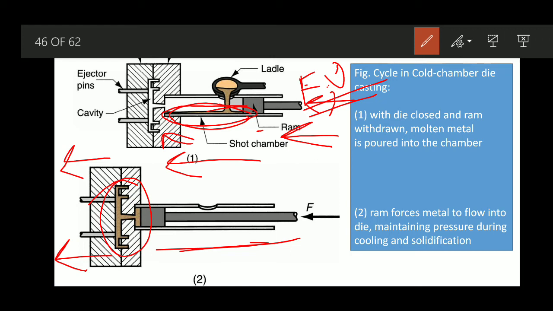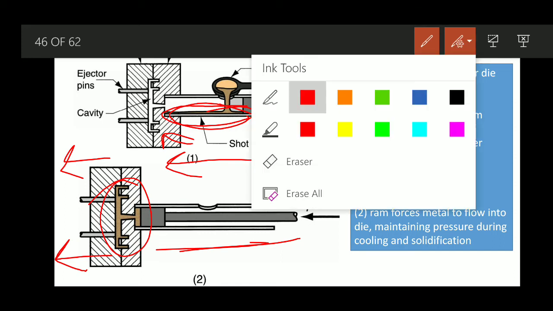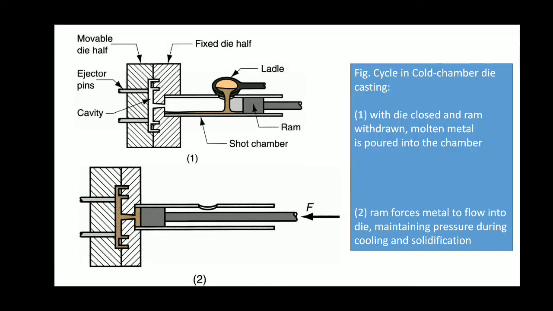It is a permanent mold process. After that we take out the cast part, and the mold can be reused once again. So this is basically about the cold chamber die casting.